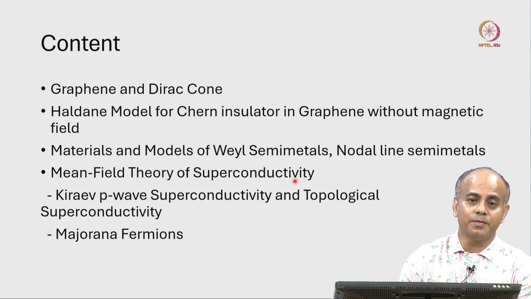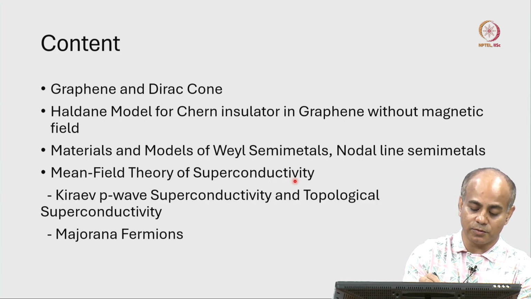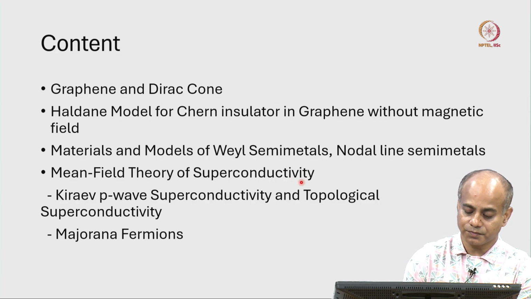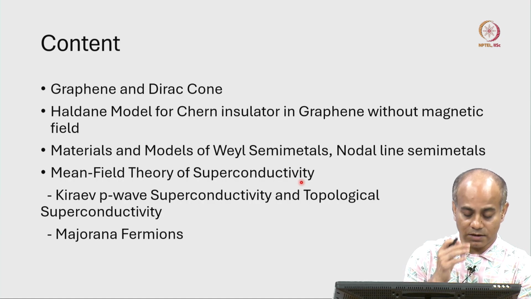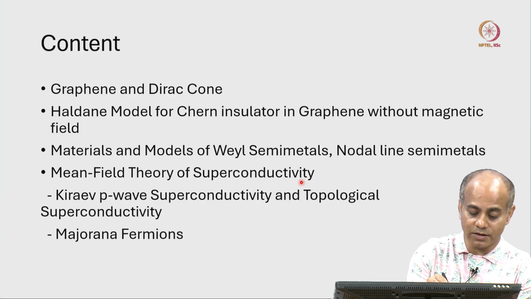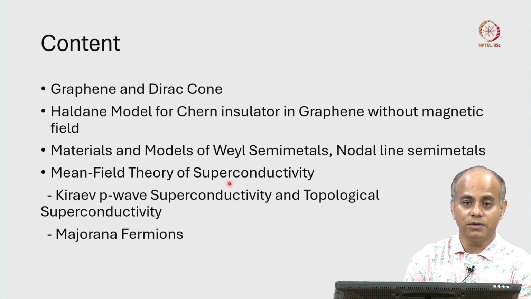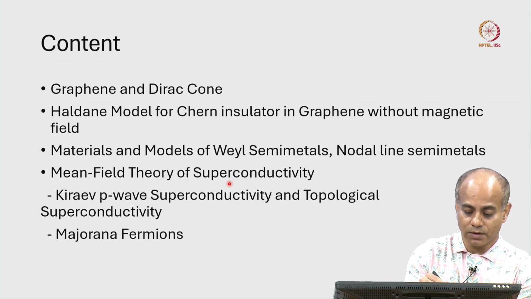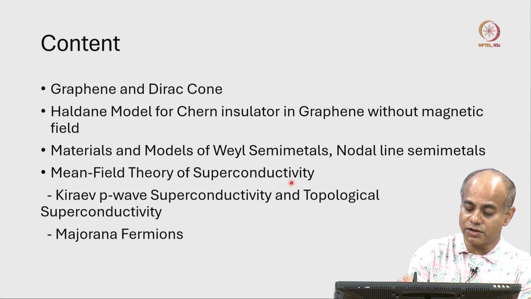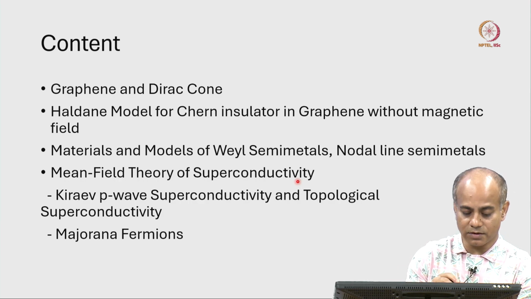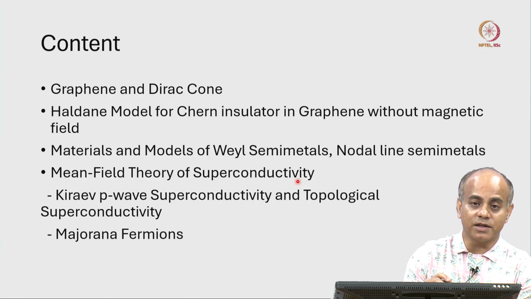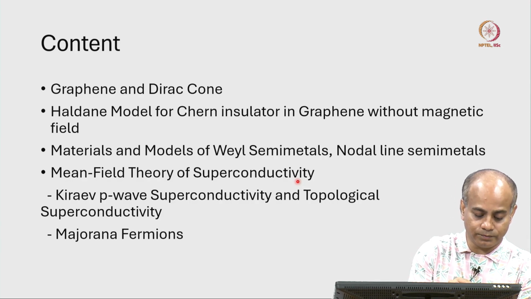So, I will give a quick primer about the mean field theory of superconductivity for those who are not familiar with it, but otherwise also I would encourage you to go back and brush up your concept of superconductivity. And one more concept I will talk about that you need to brush up is the tight binding model.